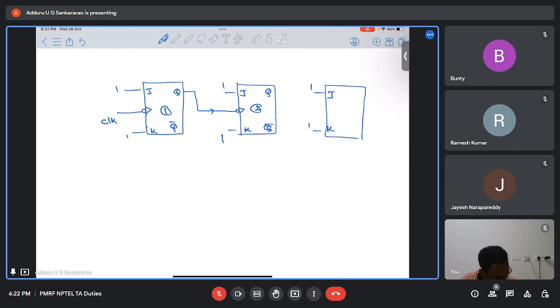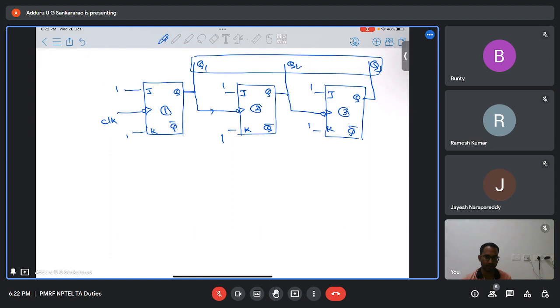Now this is the third flip-flop, with Q and Q bar. Now these are the outputs, let us say Q1, Q2 and Q3 are the final outputs, the state of the counter.